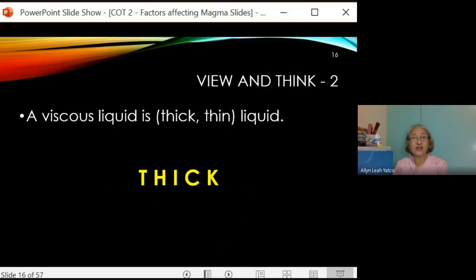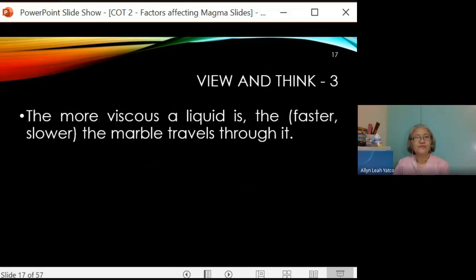Kapag malapot ang isang likido, more viscous ito. Third question. The more viscous a liquid is, the faster, slower the marble travels through it. Our answer is slower.